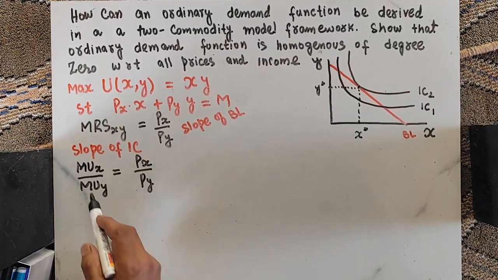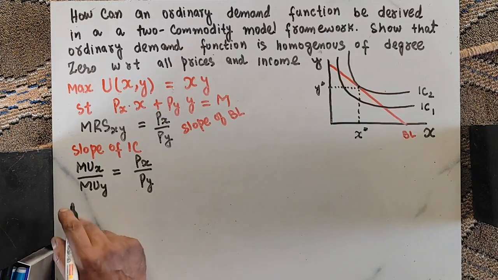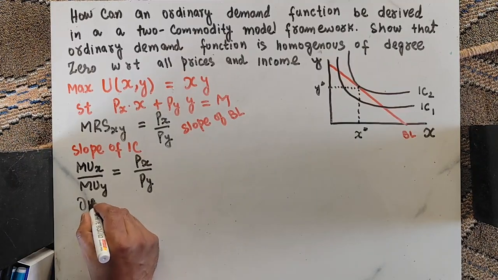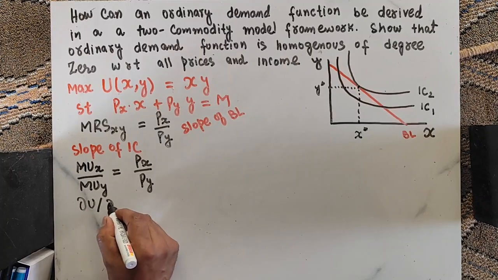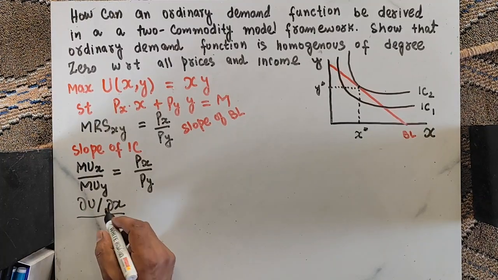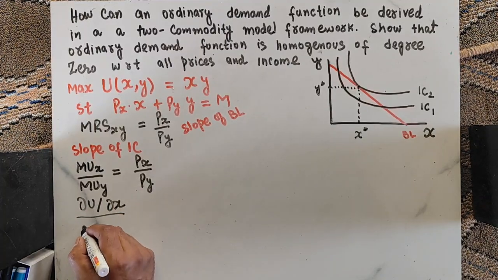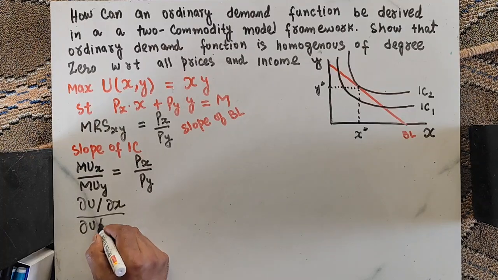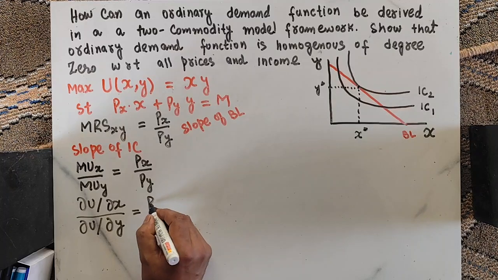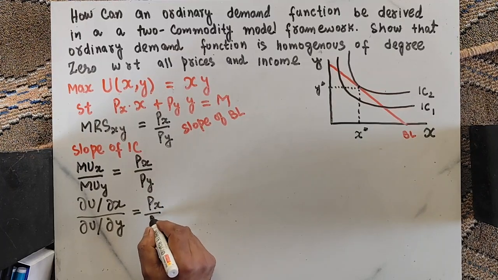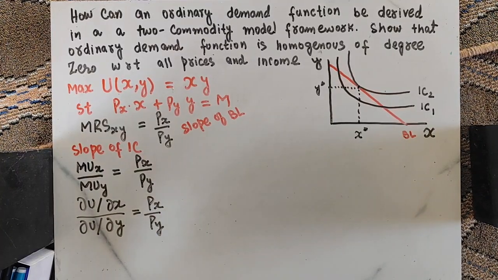Marginal utility of good x is simply the change in the total utility due to the change in the consumption of good x. Likewise, marginal utility of good y is the change in the total utility due to the change in the consumption of good y, and it should be equal to the ratio of the prices, price of x upon price of y.